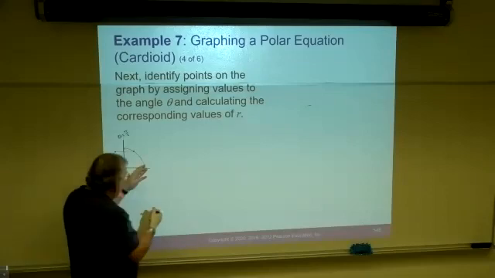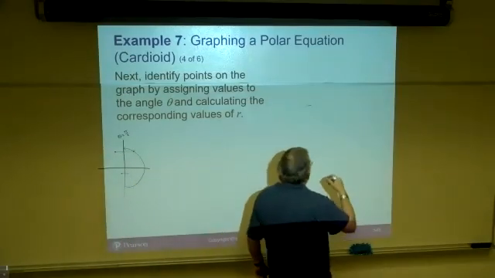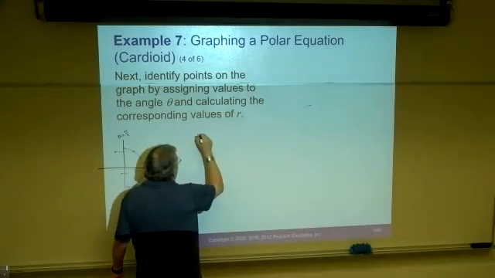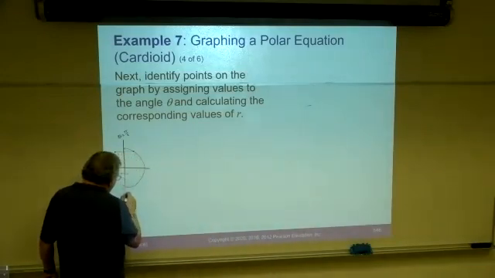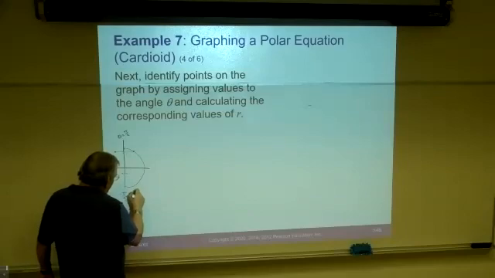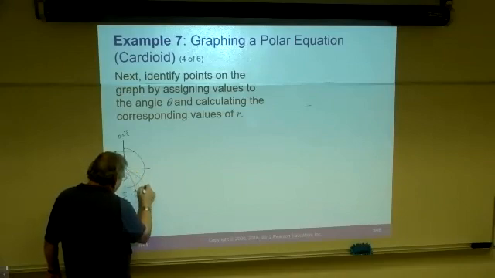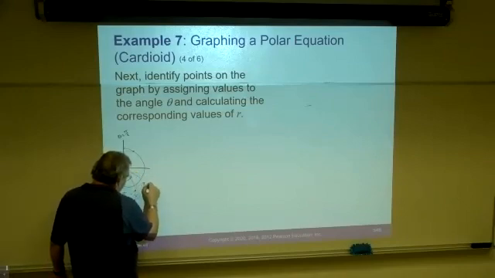And what the textbook does, they start from negative pi over 2, and then they go to negative pi over 3, and then negative pi over 6.